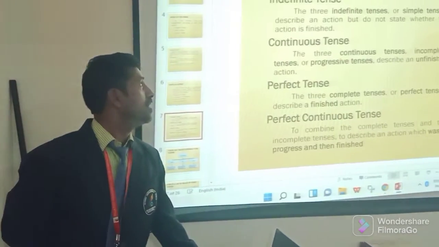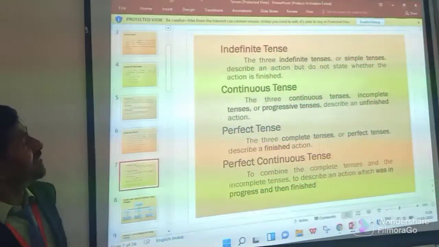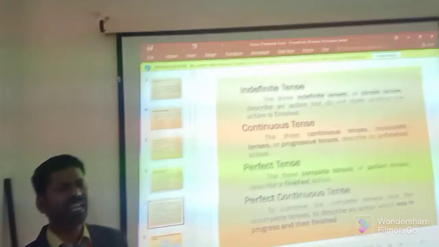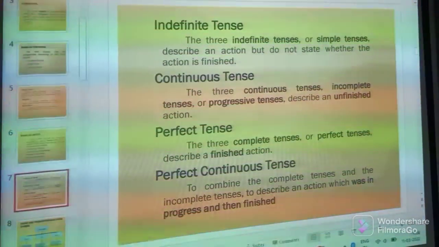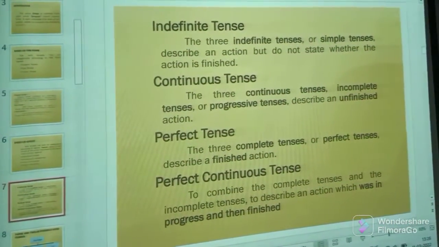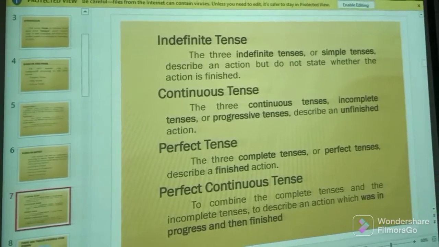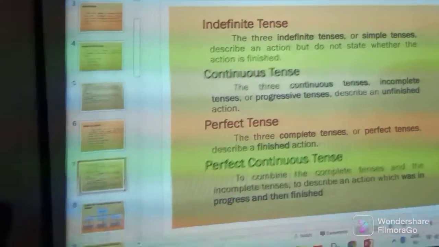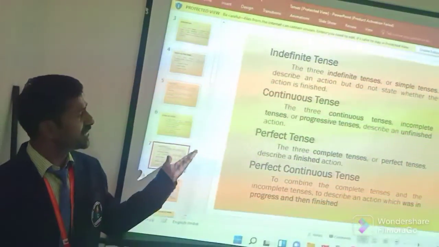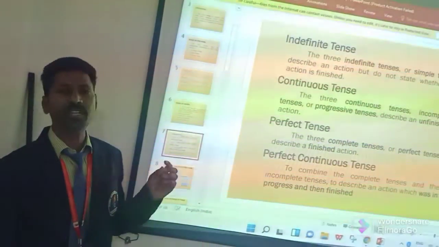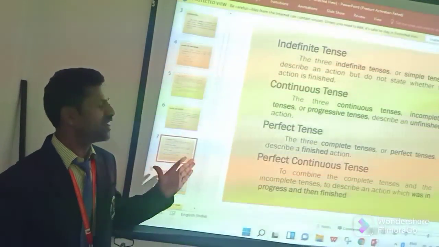Coming to the indefinite tenses, the three indefinite tenses are simple tenses; they describe an action but do not state whether the action is finished. The three continuous tenses, also called incomplete or progressive tenses, describe an unfinished action.